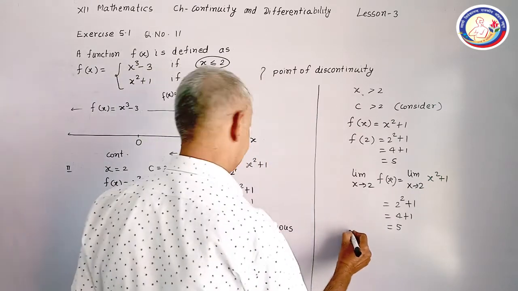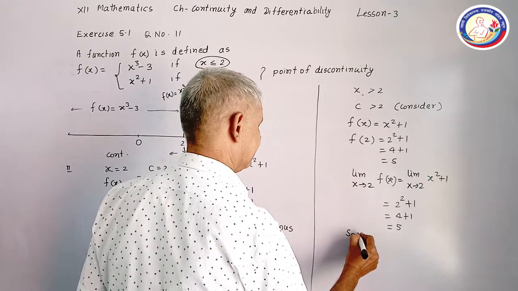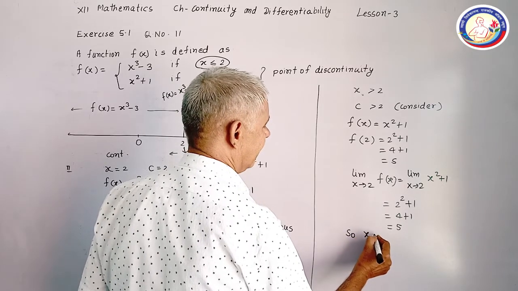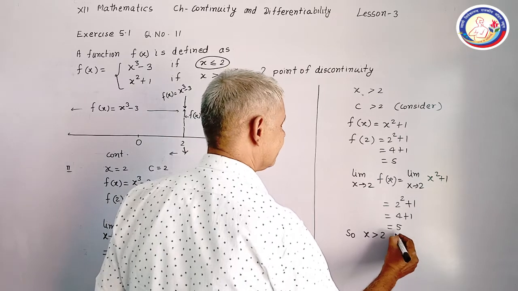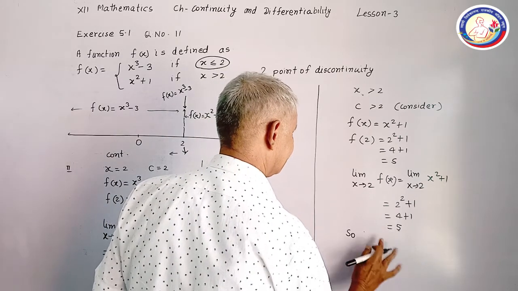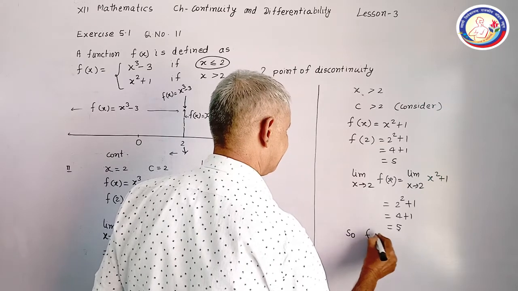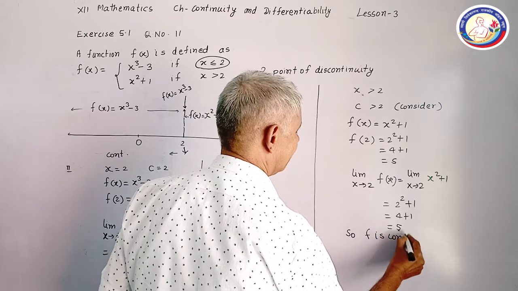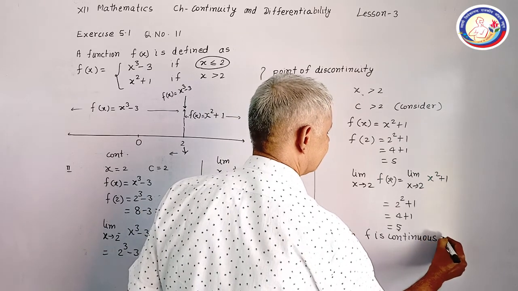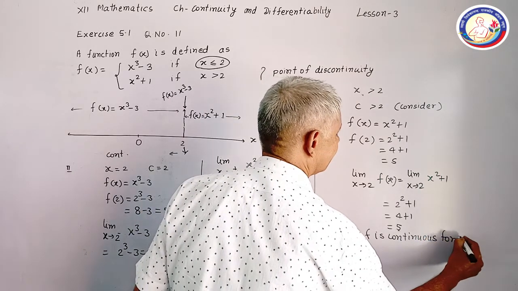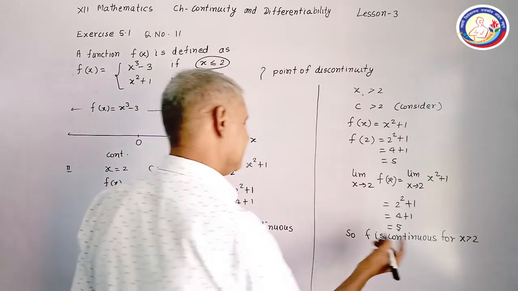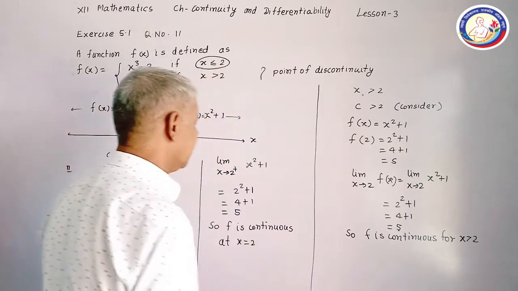So for values of x greater than 2, it means combining the three results.